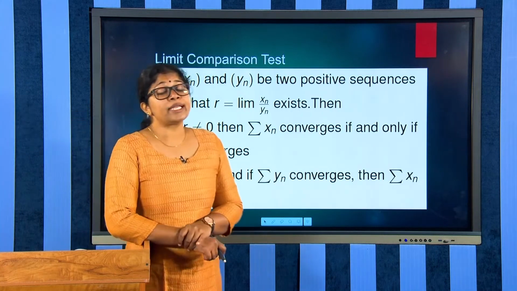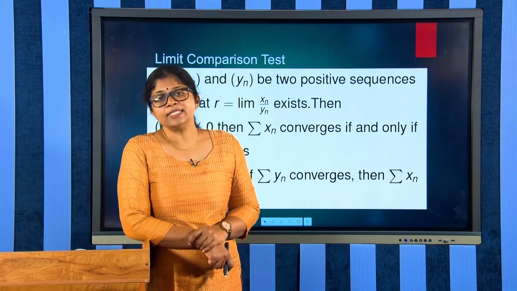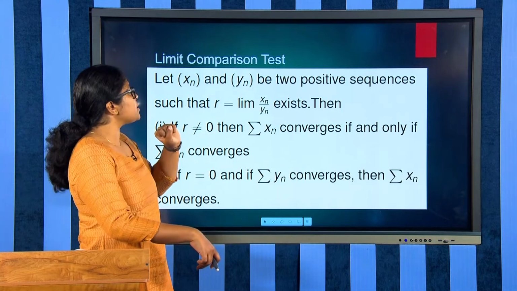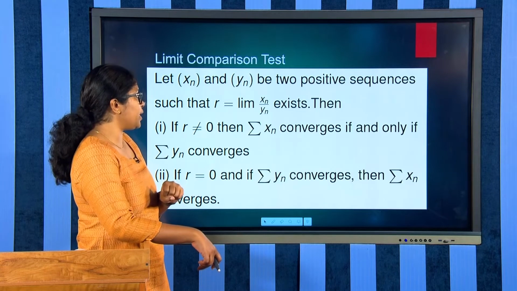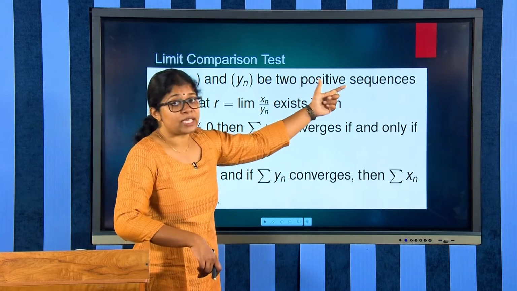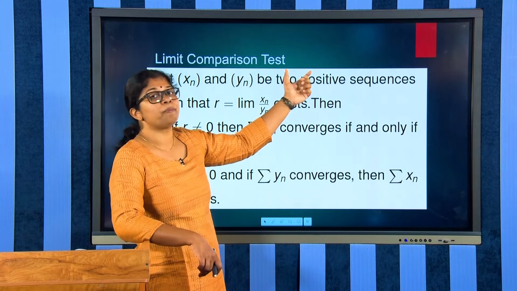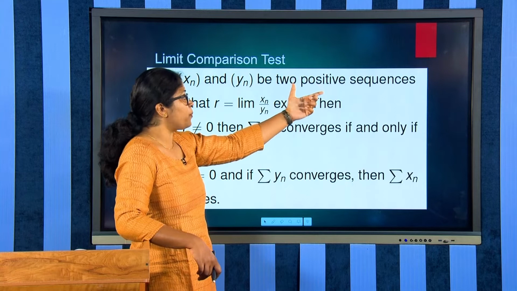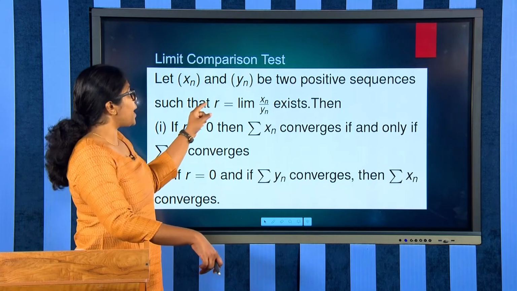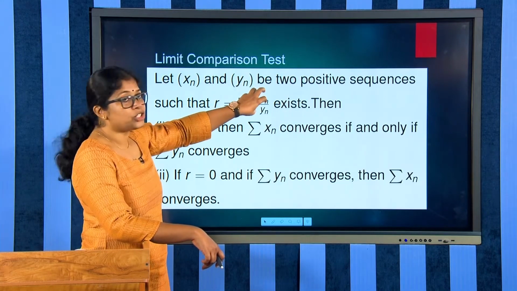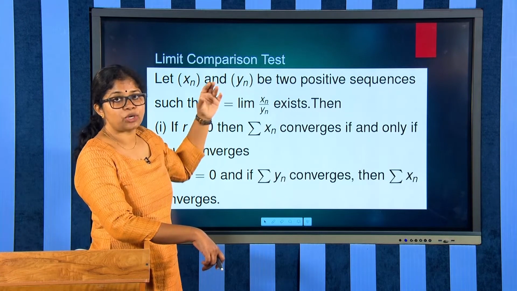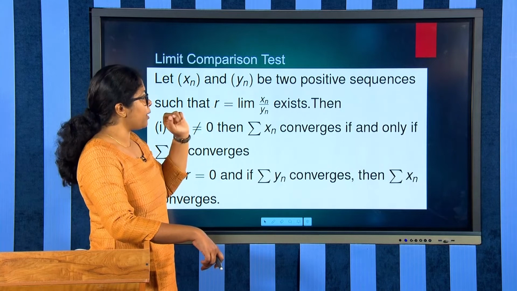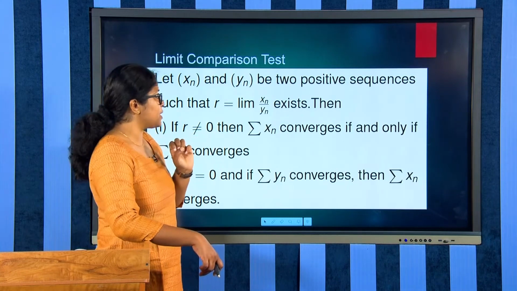The next important comparison test that we have is the limit comparison test, which says that again we are starting with two sequences xn and yn, two positive sequences. So, remember that there should not be any negative term in the sequence. They should be positive sequences such that the limit of the ratio xn by yn, the ratio of the nth terms of the sequences, is equal to some number r, and that limit exists.